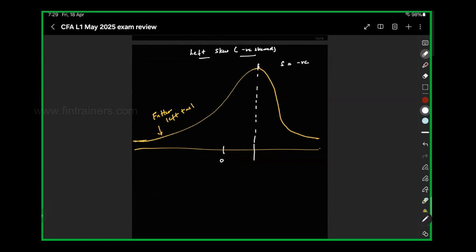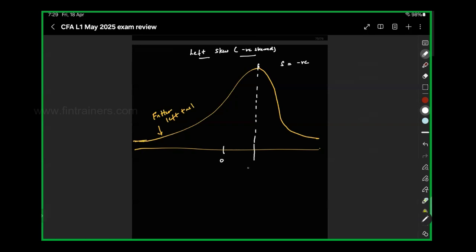But when you have outliers on the negative side, there are more of them. There are often outliers on the left of the distribution, so the data is stretched. You have a lot more down days than what the normal distribution will predict, but most of the values tend to be on the positive side.